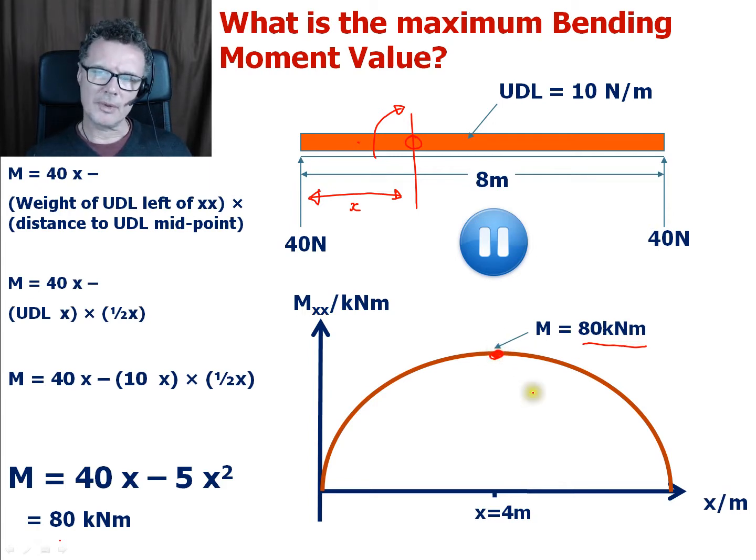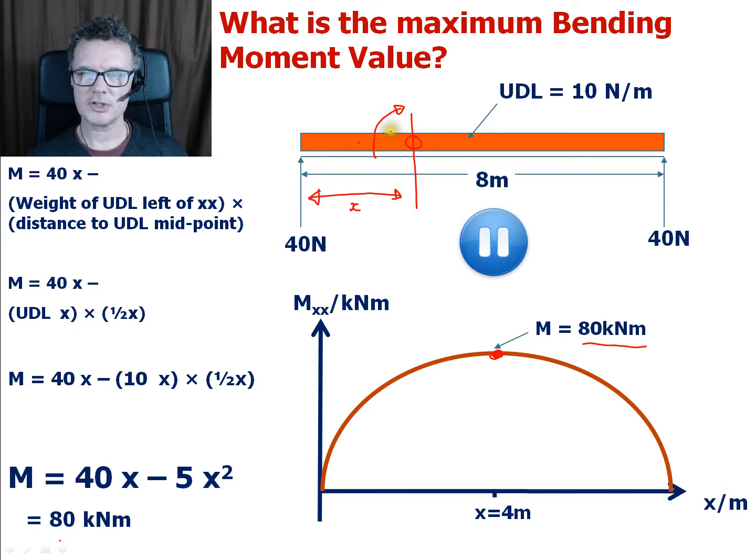Right, now that is a good point to reflect on that answer, because you've got how much weight here? 10 newtons per meter times 8. So you've got 80 newtons worth of weight. How far is it from one pivot to the middle? 4 meters.